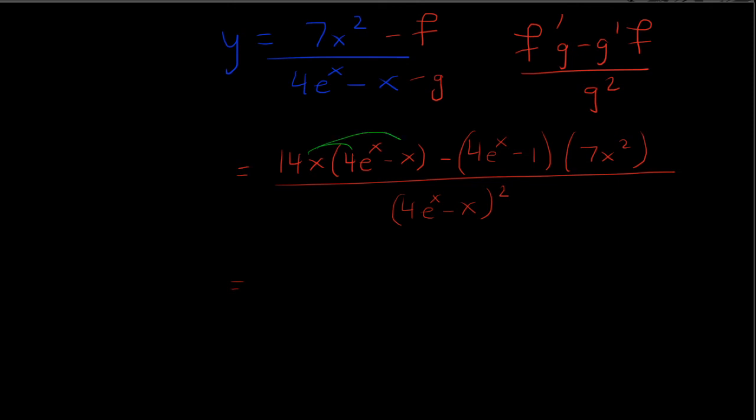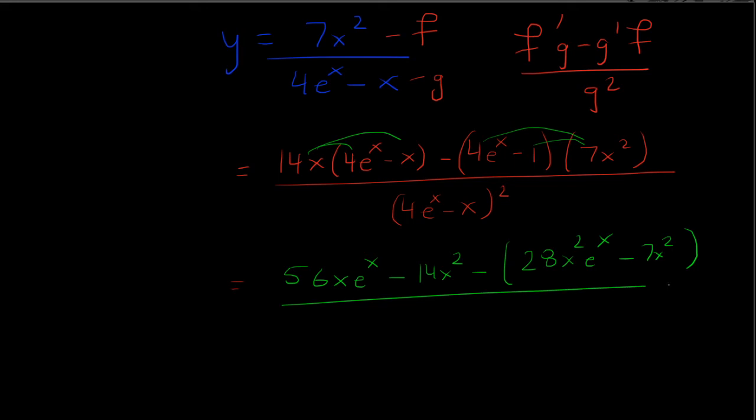So 14 times 4 is 56, and that's x e to the x minus 14x squared minus, now let's worry about FOILing out these two, or distributing out these two, and we'll worry about the negative after that. So 4 times 7 is 28, and that's just x squared e to the x minus 7x squared over 4 e to the x minus x squared.